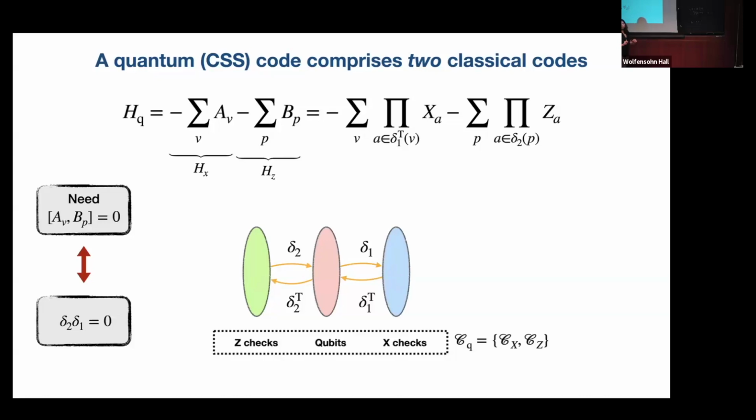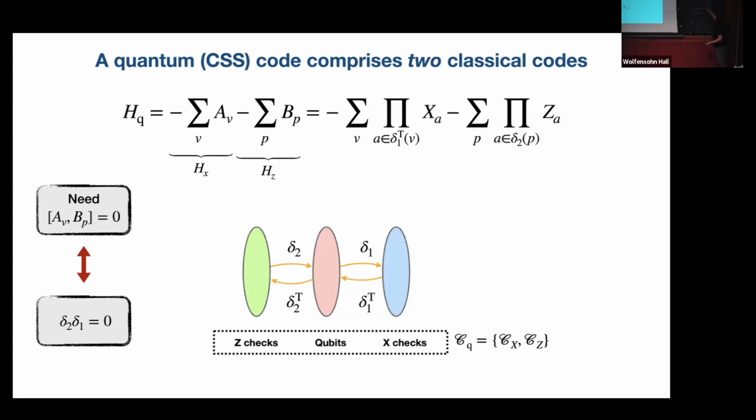So if you view the Z checks as a classical code in its own right, that means that every one of the X checks has to label a logical operator for it, right? Because if you have an X check which is triggering 4 bits, for instance, and you started in a code word of your Z code, and you act on that code word with one of these X checks, so you flip only 4 bits, you want to continue to be in the code space, right?